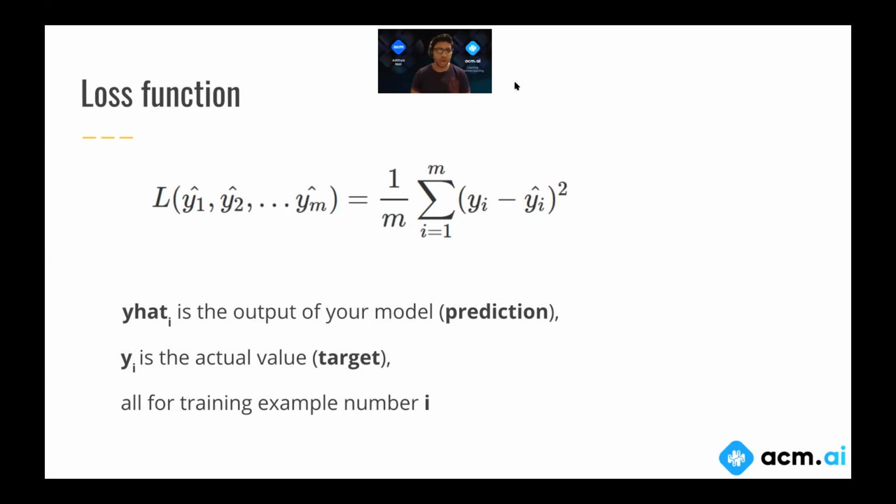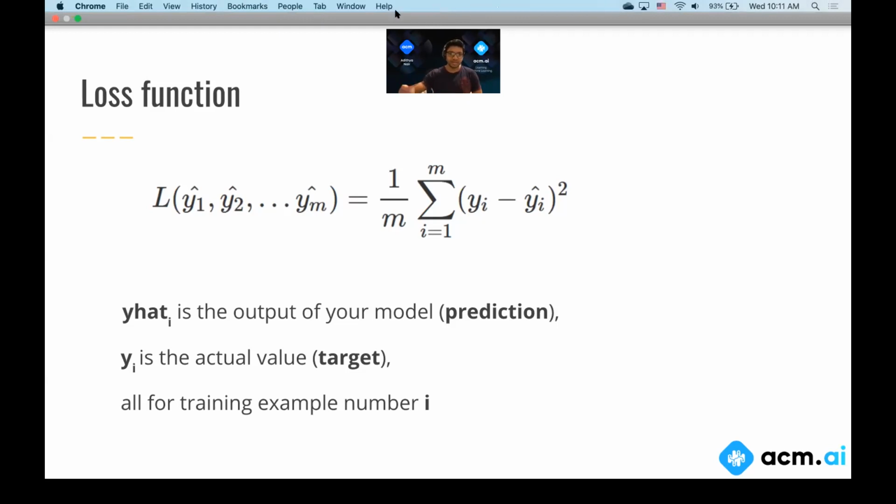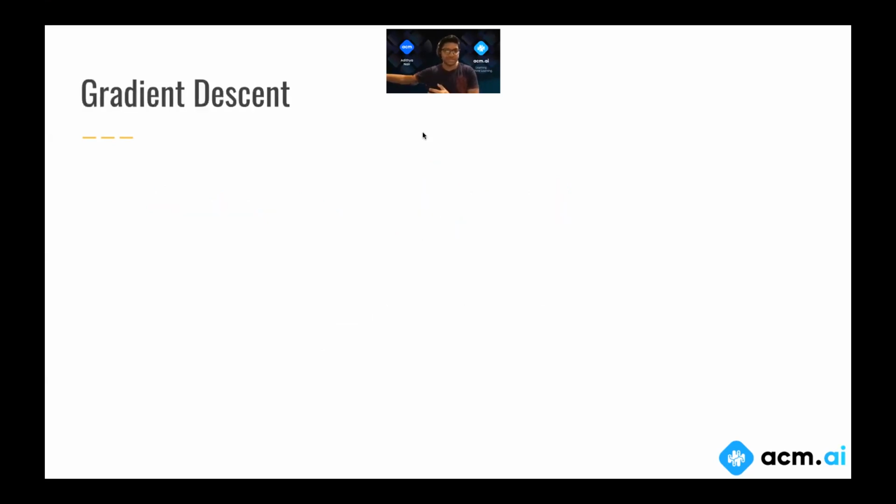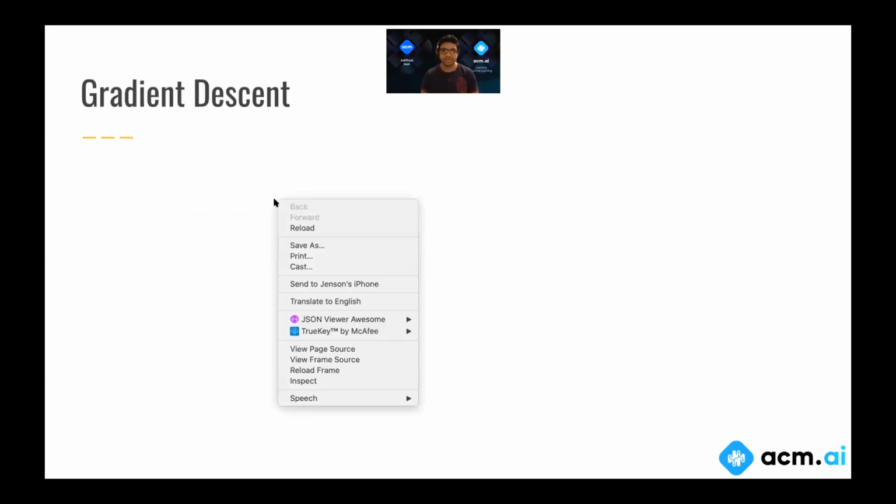As you can see here, y hat i is the output of the model, or the prediction, for a particular set of inputs, and y sub i is the actual value we were expecting. The subscript i is for any training sample i all the way until m, where m is the maximum number of training samples.